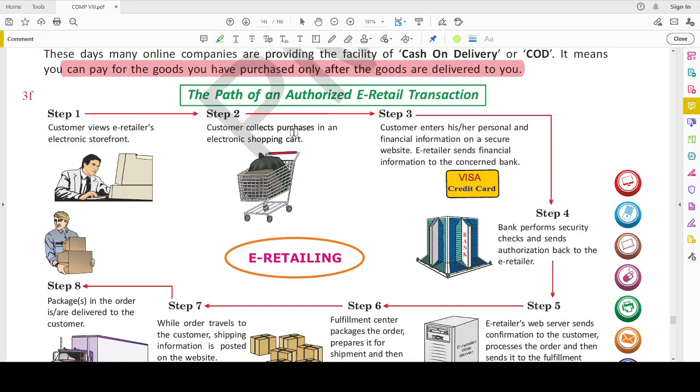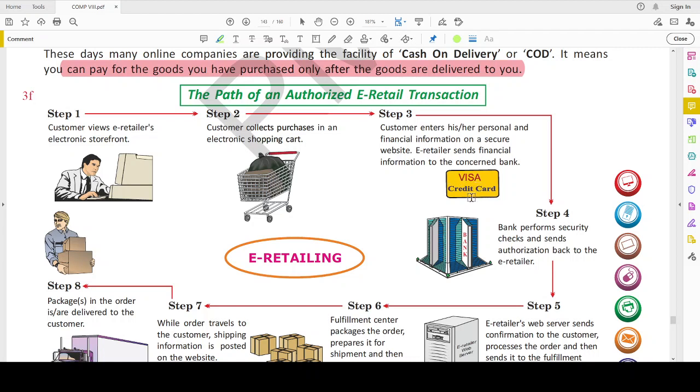The customer chooses some items and collects them in a shopping cart, enters the personal financial information, and that information is sent to the concerned bank. Now the bank verifies the information, sees that it is authenticated information, and authorizes the payment.